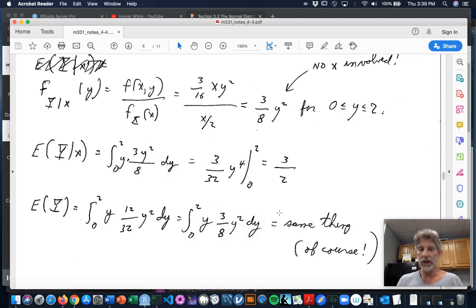We're going to come to the same thing. We're going to come to 3/2 again. And so knowing what capital X turns out to be does not change what you expect capital Y to be. It's going to be 3/2 still. So that's another confirmation that these two random variables really were independent.